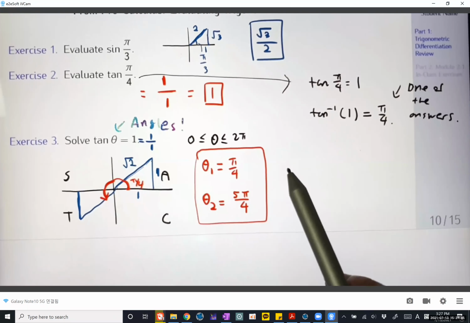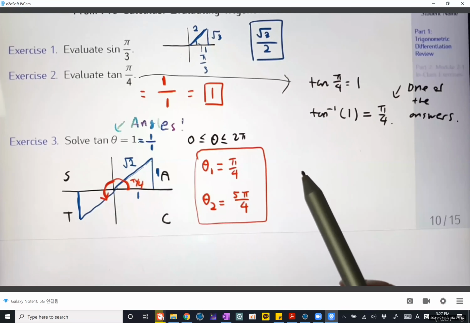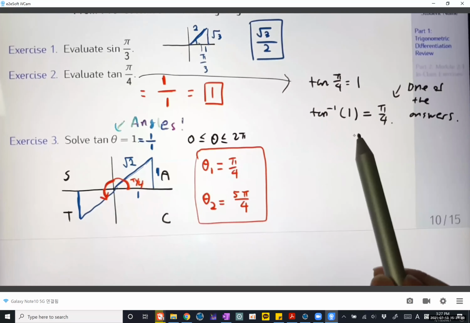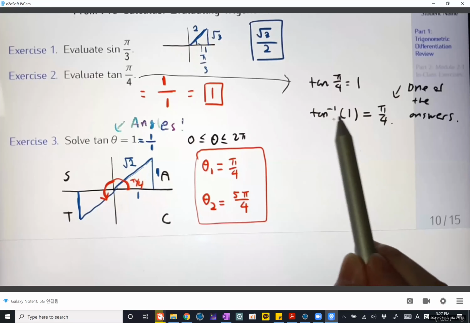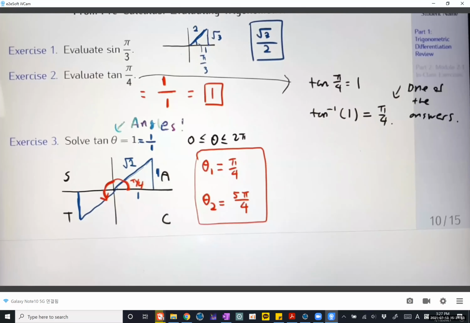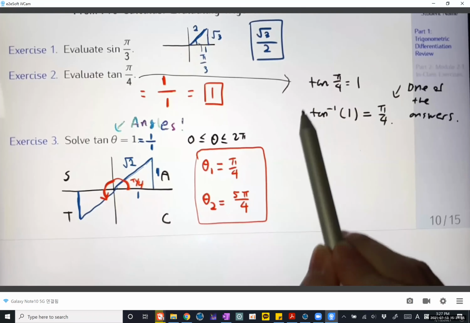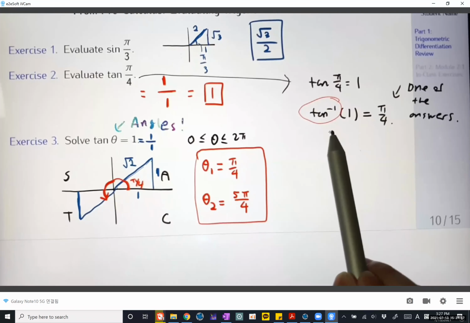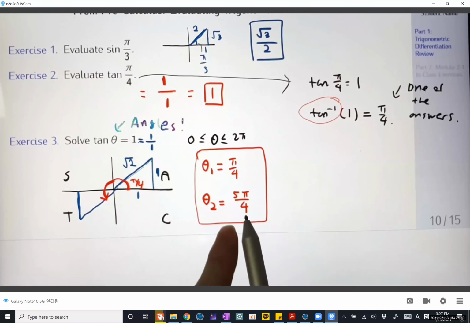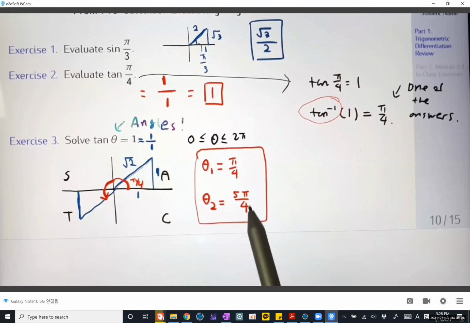Now let me go back to Ishika and someone else. I forgot a comment. Inverse tangent of 1 is actually okay, but when inversing things, we need to be a little bit careful because sometimes we might lose some answers like 5 pi over 4 and so on.